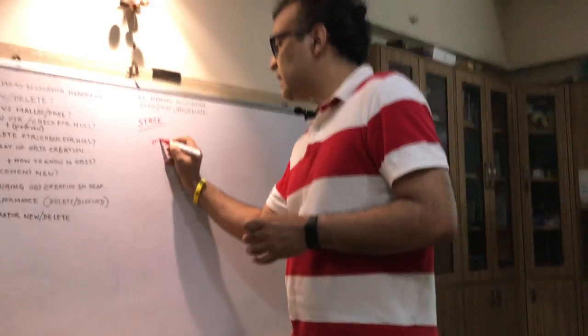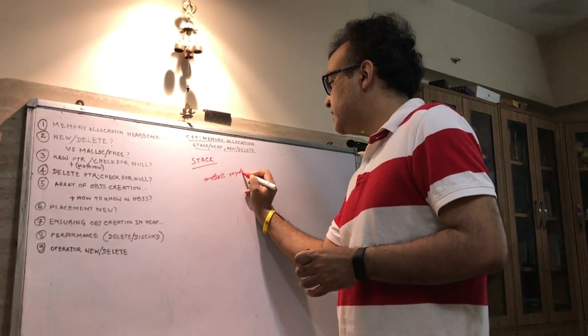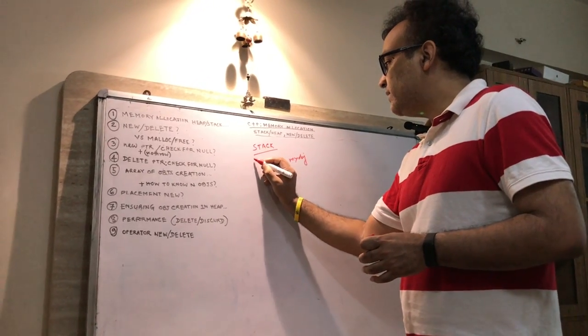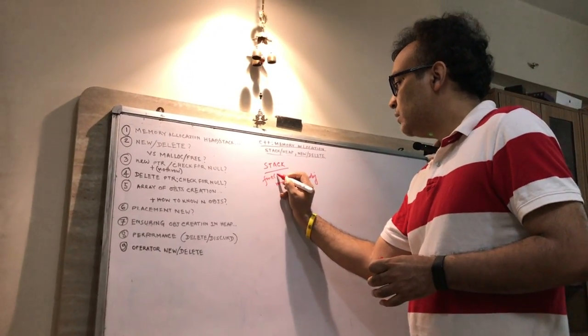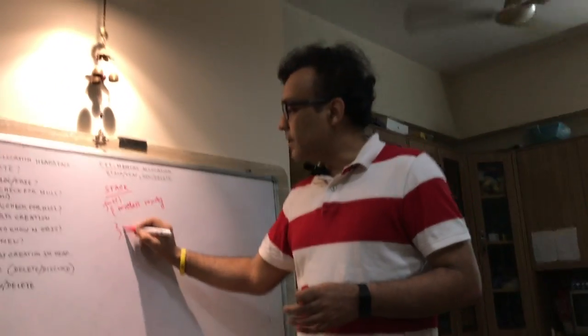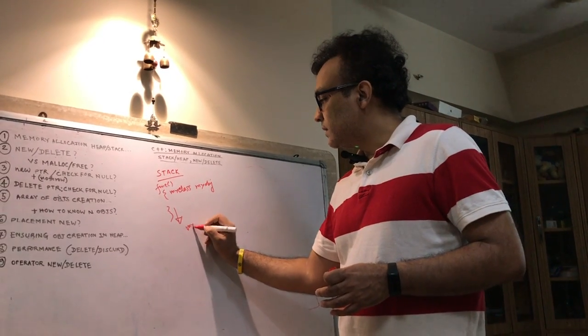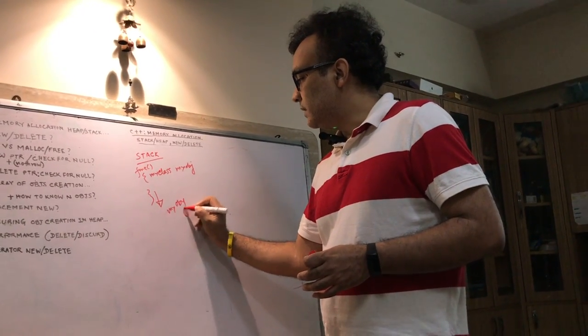So if I have a class MyClass and an object of the class, and I create a function which has a scope of open brace and close brace, whenever it goes out of scope, my object gets deleted.